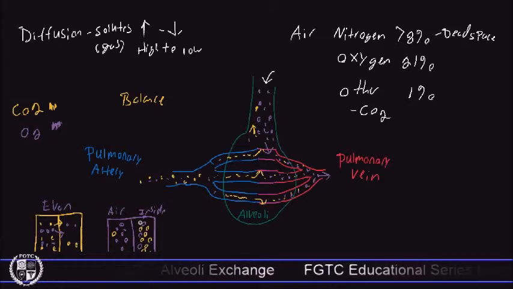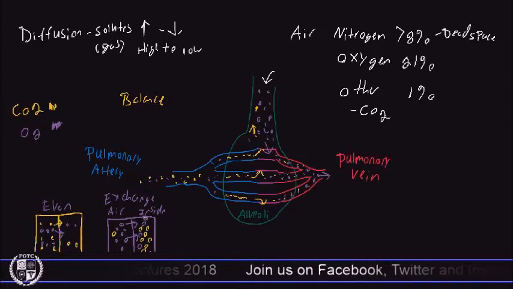So what happens here is an actual exchange. Okay, and so it is all about the exchange. The oxygen is going to come over here until they are equal. Then our CO2 is going to come over here, and it's going to cross this membrane until they are equal.